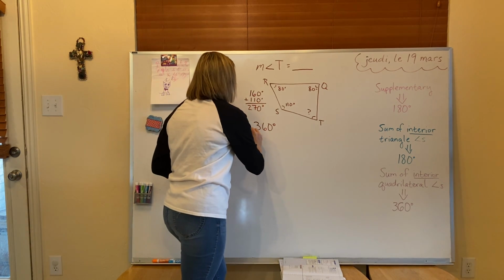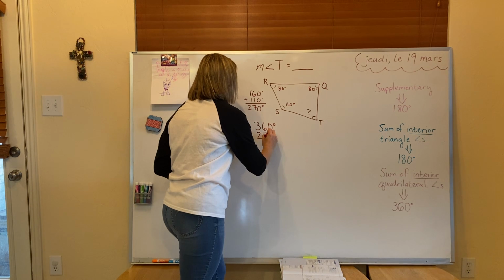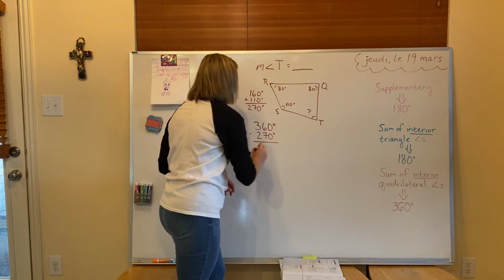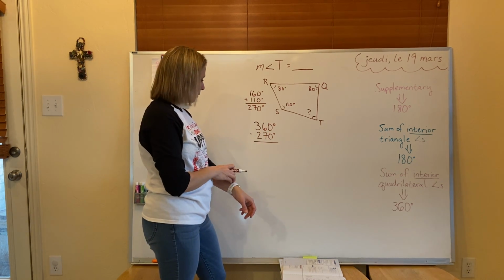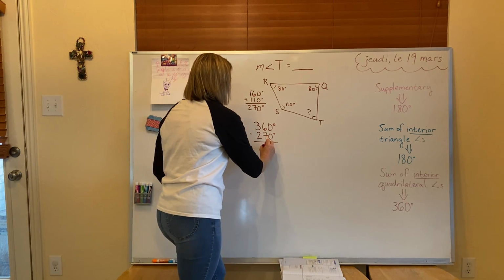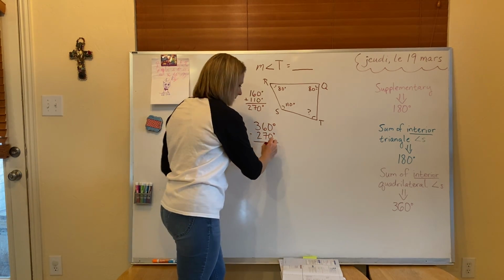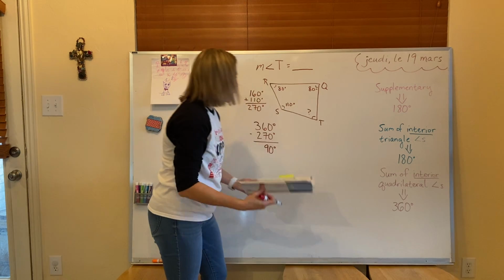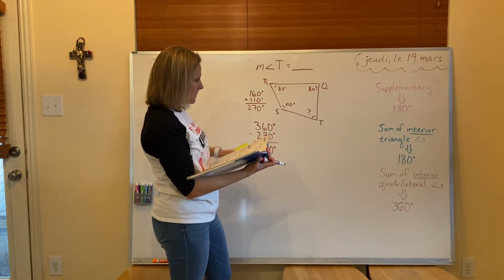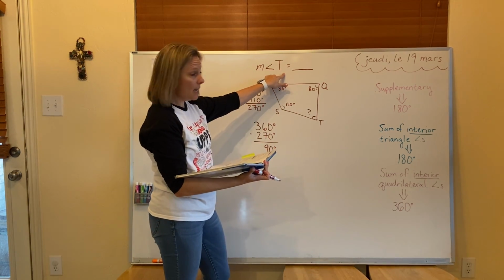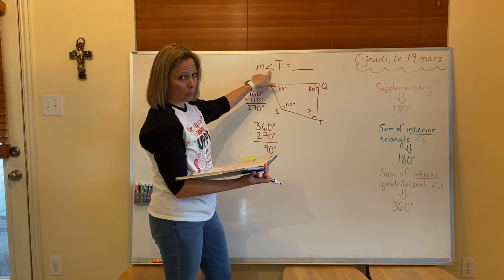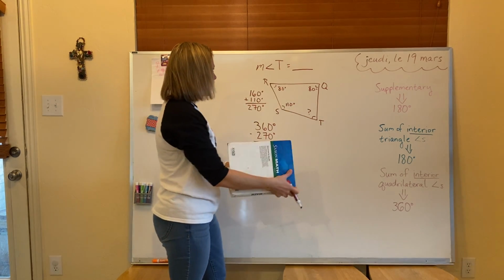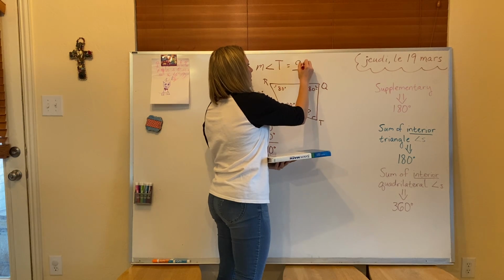If we subtract 270 from 360, we come up with 90 degrees. So we've solved for the measure of angle T, and that is 90 degrees.